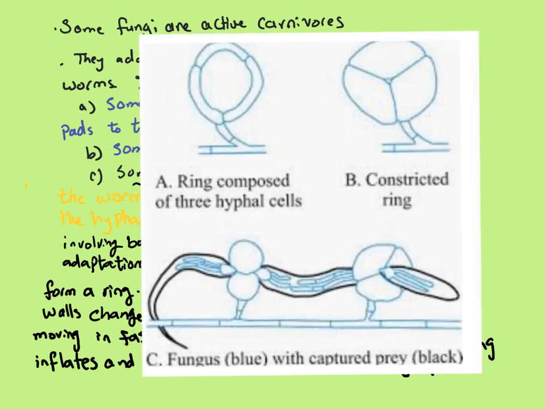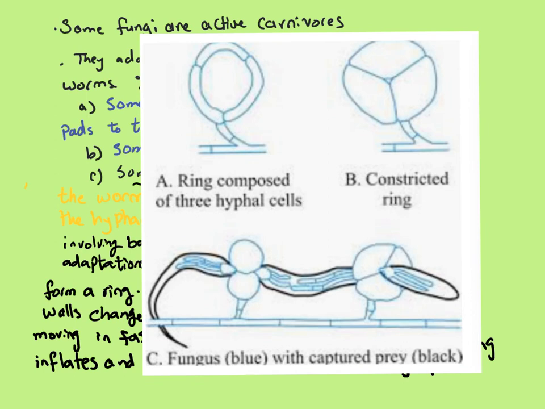Looking here, you can see how the fungus traps the nematode. First it is going to form a ring of 3 hyphal cells. You can see here it's a ring composed of 3 hyphal cells. The ring has been constricted, like to make a closed ring, and then it's going to trap the nematode between the 3 hyphal cells.